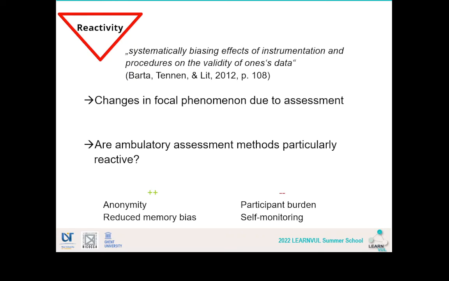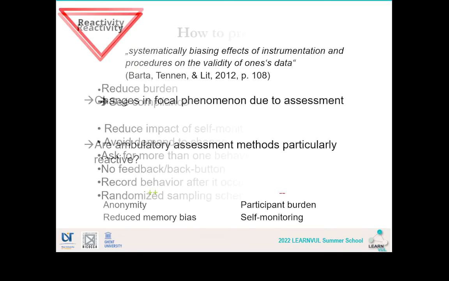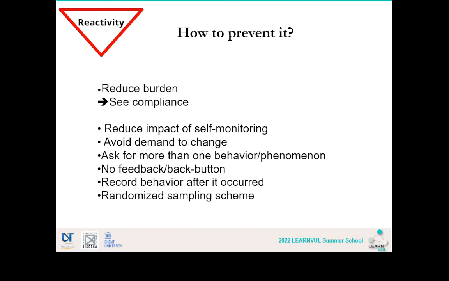Okay, but there are some studies showing ways you can reduce burden, and you're going to see the compliance. Reduce the impact of self-monitoring, avoid demand to change, ask about more than one behavior. No feedback, and no back button to see what I responded earlier.